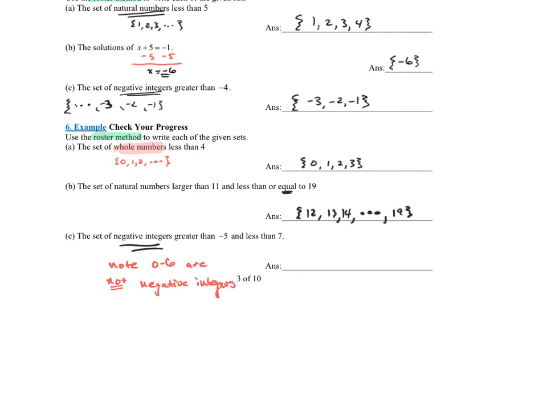So what most people would have thought was to do all numbers from negative 4 up to 6, the numbers between negative 5 and 7. But that's not correct because it says negative integers. So you have to be really careful here. They're trying to trick you. The negative integers bigger than negative 5 are negative 4, negative 3, negative 2, negative 1. That is the end of negative integers, so we close our braces and end there.